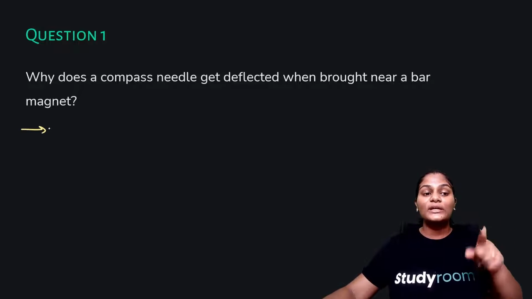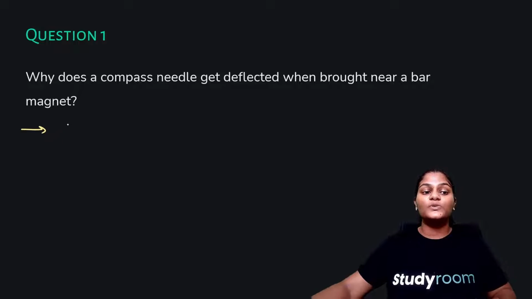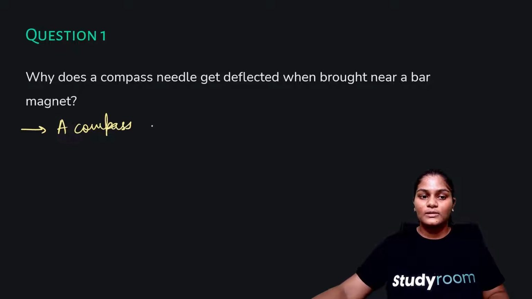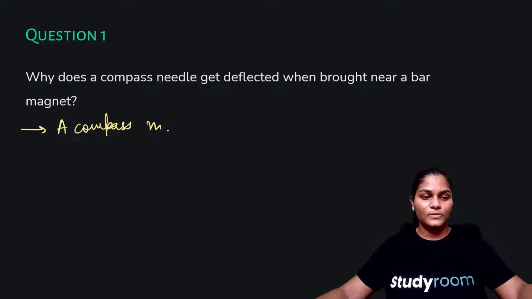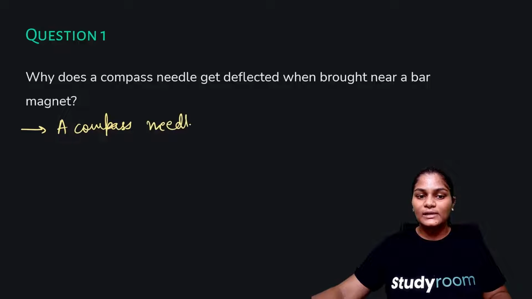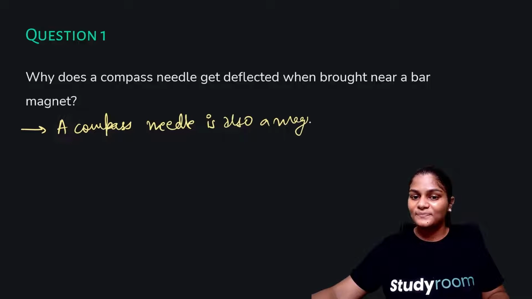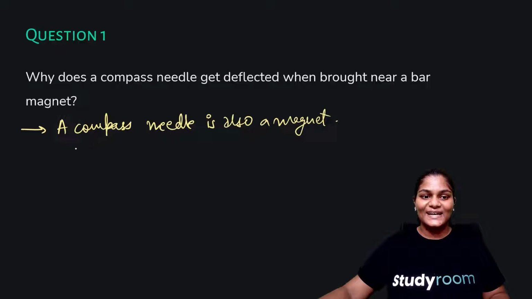So this would make more sense to you when I use it in that slide when I teach you the property of magnets. So here, why does the compass needle get deflected? We need to use this because we just said that a compass needle is also a magnet, right?